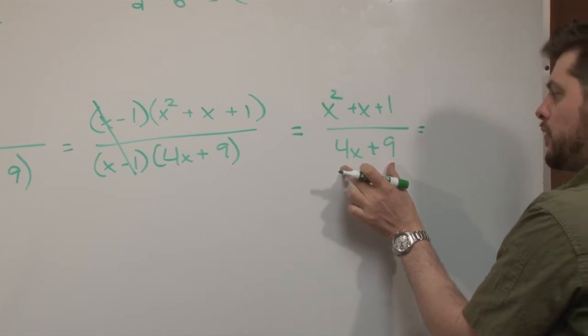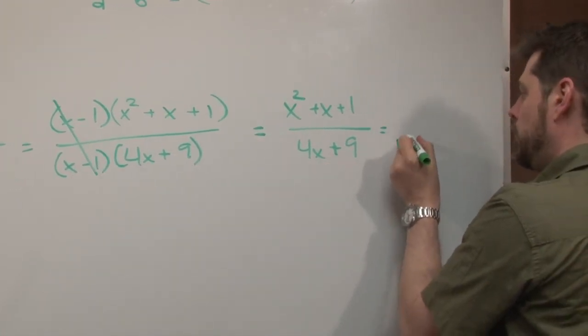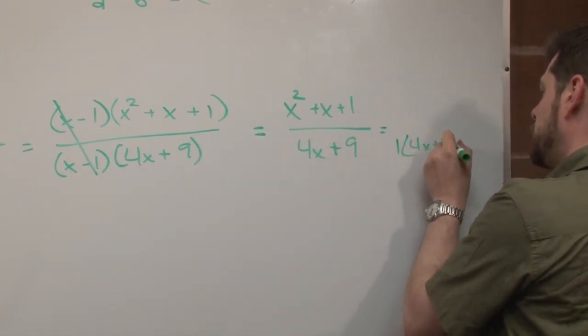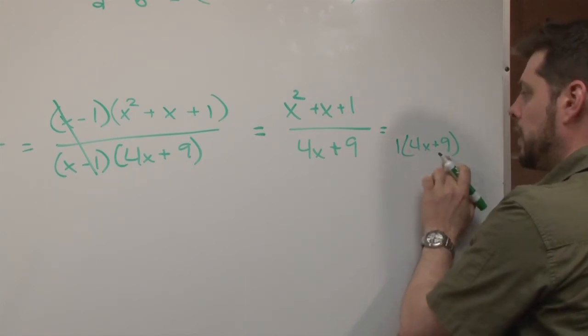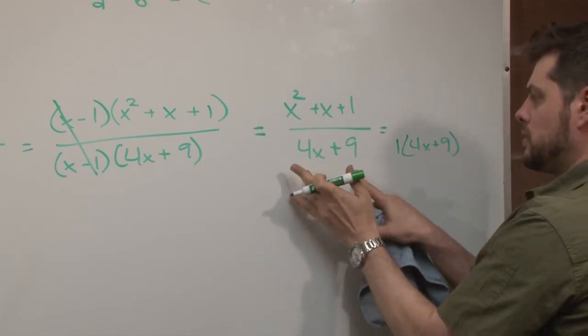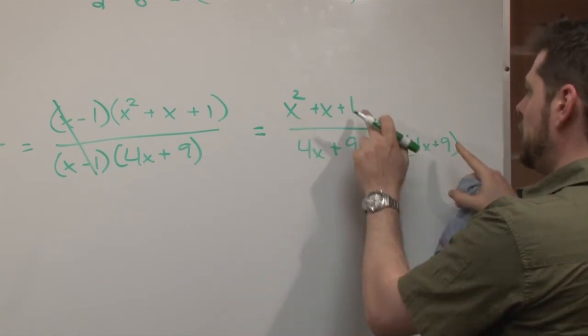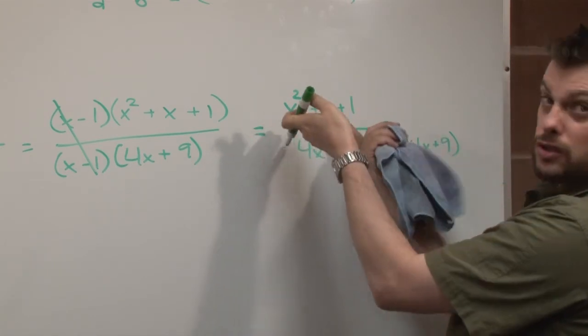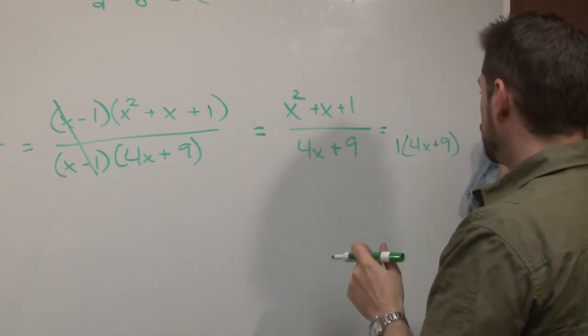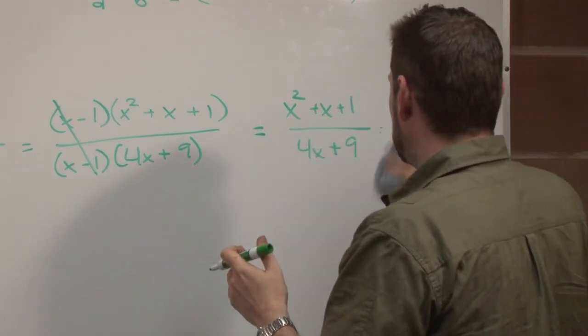We can't pull a common factor out of here, so we're just left with 1 times 4x plus 9. That's the only way that we can rewrite this denominator. Well, if we were to try, we'll never end up getting a 4 and a 9. They're just not there. So you'll just kind of have to know when to quit.